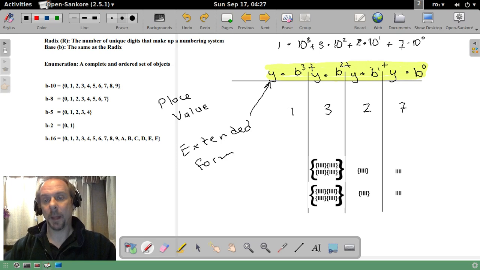So again, 10 to the 0 is 1, so 7 times 1 is 7. 10 to the first is 10, so 2 times 10 is 20. 3 times 10 to the second, 10 to the second is 100, so 3 times 100 is 300.